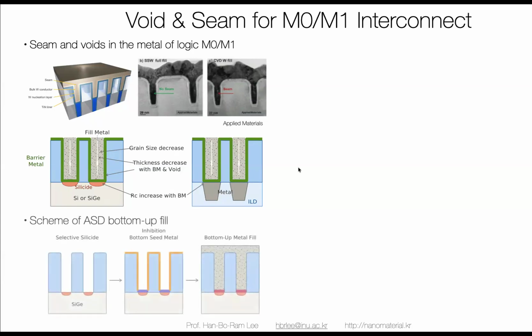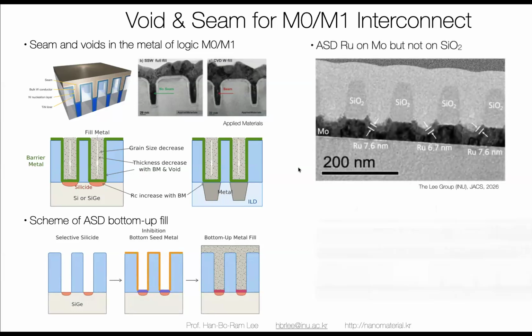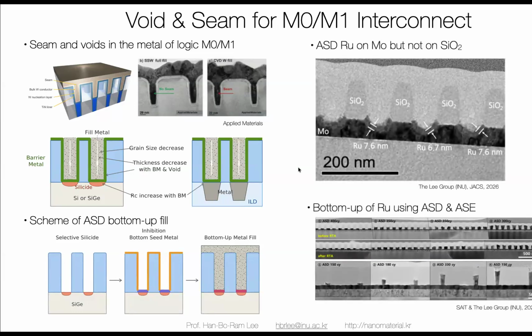So to solve the problem, the idea is ASD bottom fill. We block the ILD line and then directly grow metal film from the bottom. It doesn't look very possible, right? But in our group, we selectively grow ruthenium directly on the moly, but not on the silicon oxide.